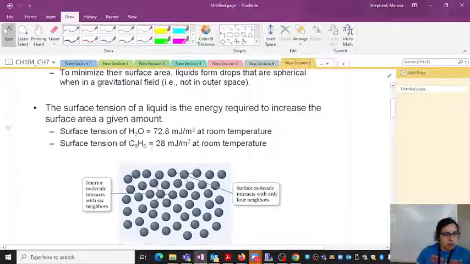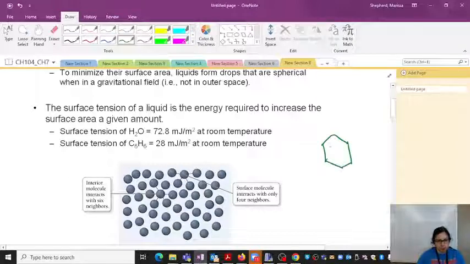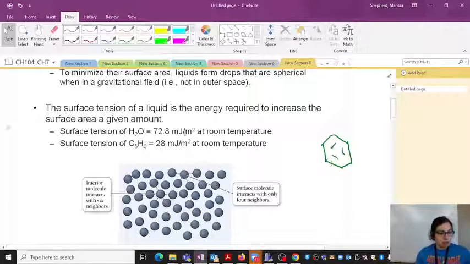If you compare water to C6H6, which is benzene, an aromatic compound, so it's organic, we see water has a higher surface tension, all related to its stronger intermolecular forces.